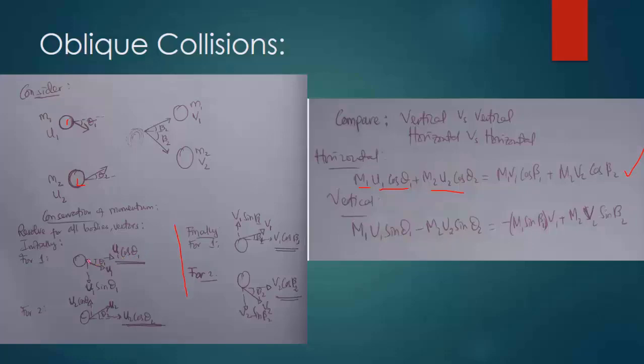Vertically, as you can see, one body is moving downwards, which is negative, and the other body is moving upwards.